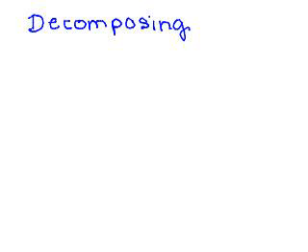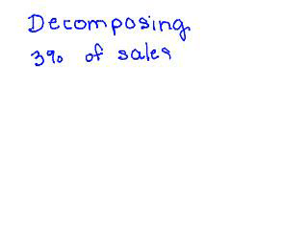So let's say that you're a sales rep for a clothing manufacturer. You're paid an annual salary, plus you get a bonus of 3% of your sales over 500, so 500,000. So 3% of sales over 500,000.